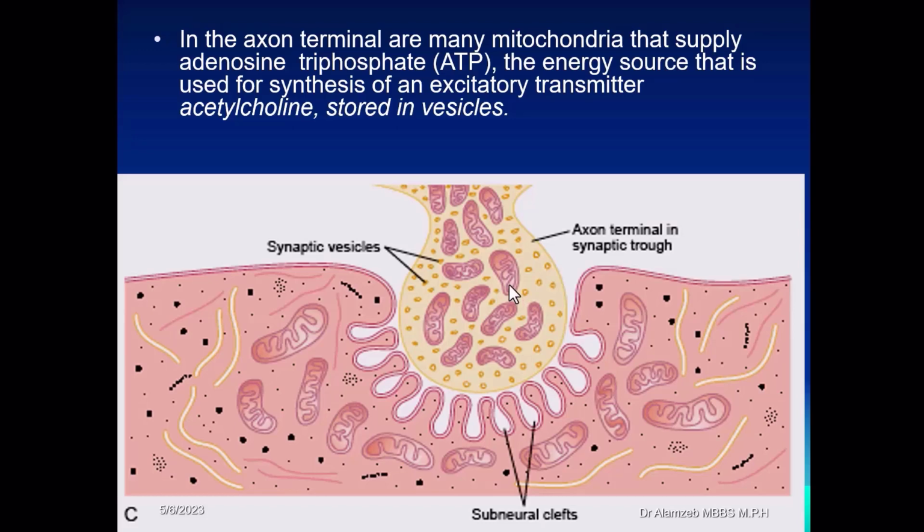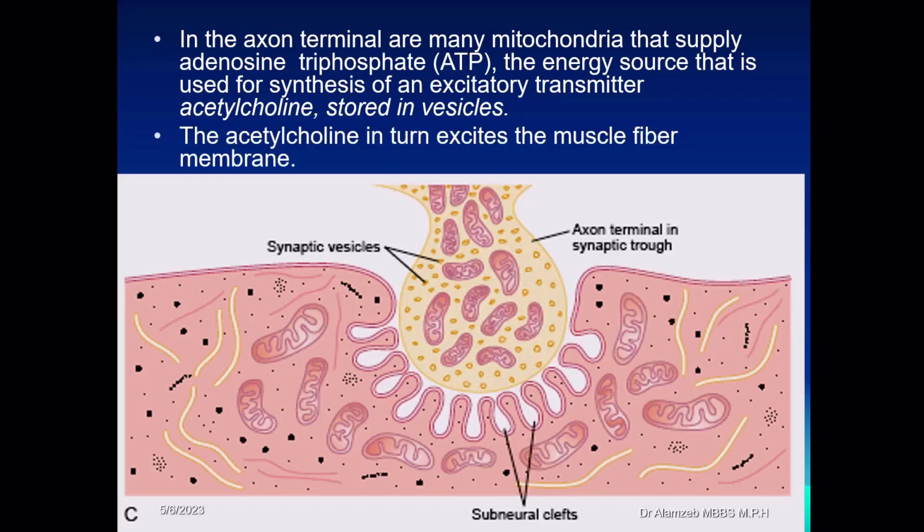This mitochondria contain ATP, which provides energy for the synthesis of acetylcholine and then transportation of this acetylcholine into the vesicle. The acetylcholine excites the muscle fiber membrane. When acetylcholine from the vesicle is released to the synaptic cleft, it acts on the muscle fiber, which has receptors for the acetylcholine, and then it excites the muscle.